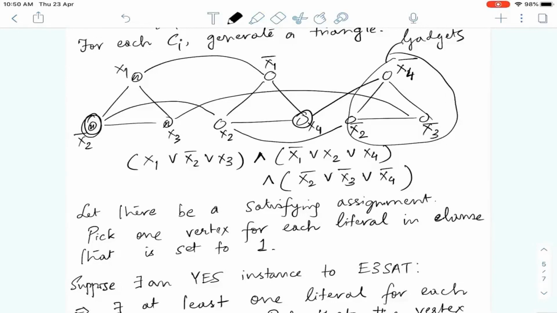All I'm telling you is you have this graph and you have an independent set of size k. You don't know whether this graph has clauses or whatsoever. The only information I gave you is there is an independent set of size at least k, and now I'm claiming that the independent set would be of size exactly k. It cannot be larger than k. So what is the reason? It has to do with the structure of the graph. It has nothing to do with whether there are clauses or not.